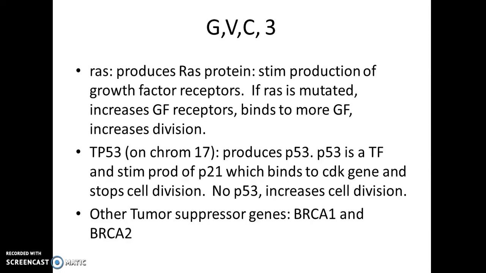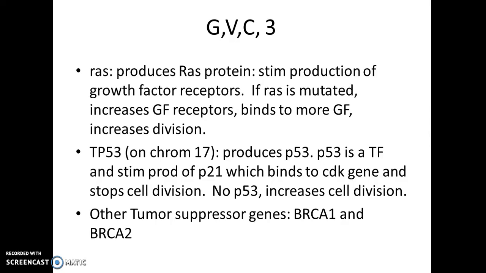RAS, which we talked about before, produces the RAS protein, and that stimulates the production of growth factor receptors. So if the RAS is mutated, it increases growth factor receptor production, so the cell binds to more growth factor, which increases cell division. RAS usually keeps the growth factor receptors in check, but with a mutation to RAS, there's nothing controlling that. You produce a lot of growth factor receptors, they bind to growth factor, and the cell divides uncontrollably.